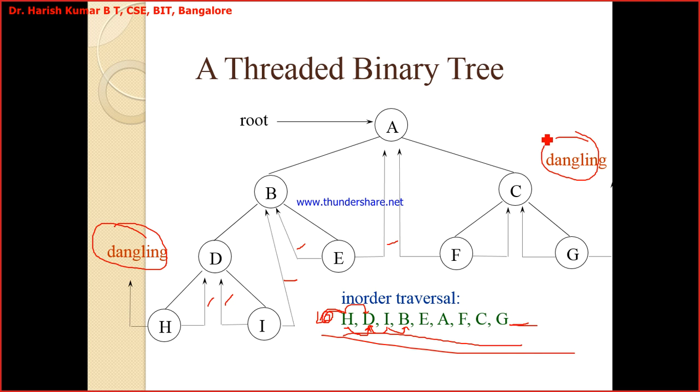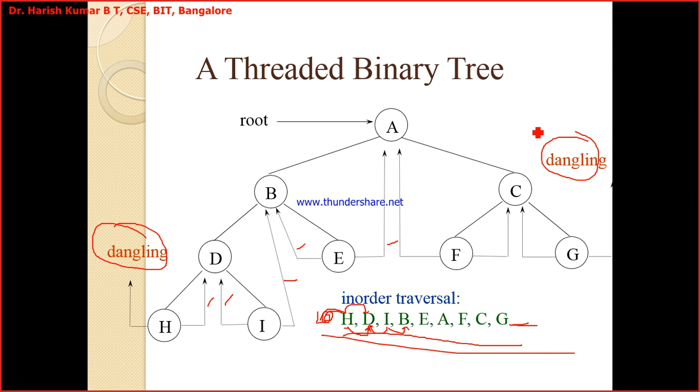Understood how to construct the threaded binary tree? Before writing the threaded binary tree, you have to take the original binary tree, write the in-order traversal for that binary tree, and then convert it into the threaded binary tree. Now I'll give you an example, so please try to do it.